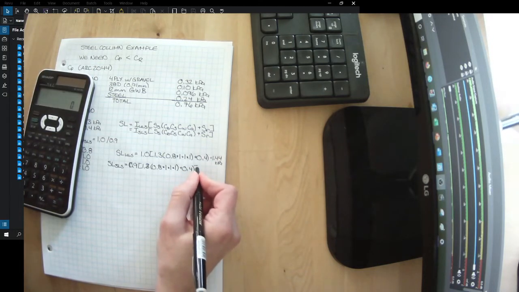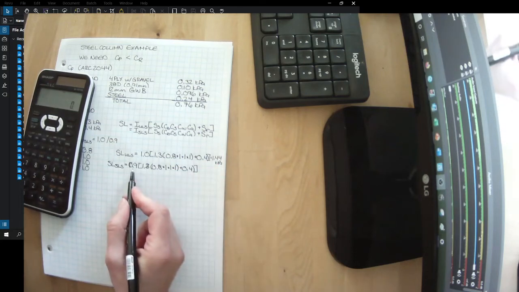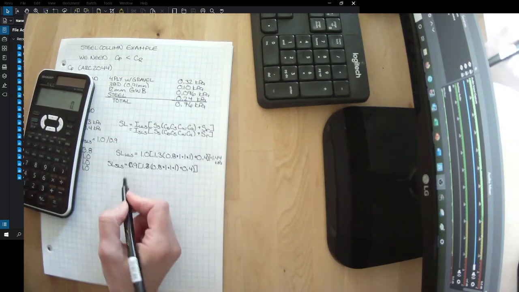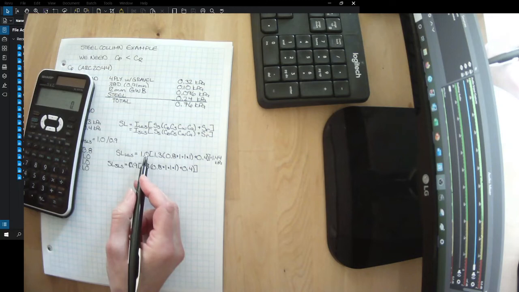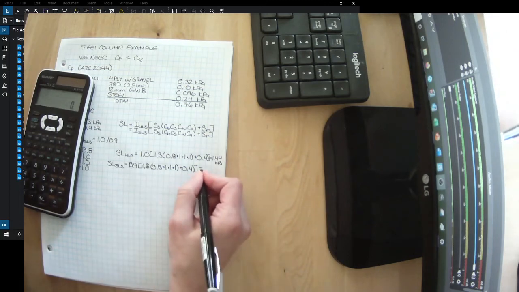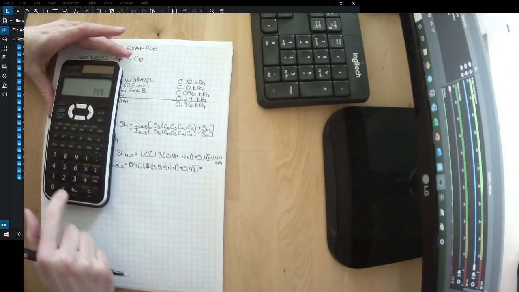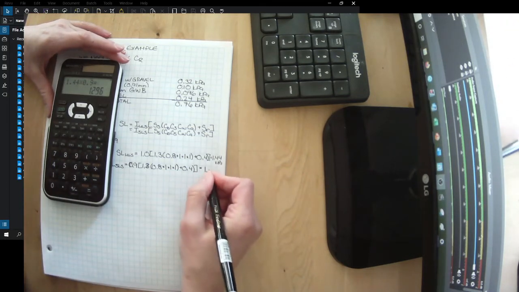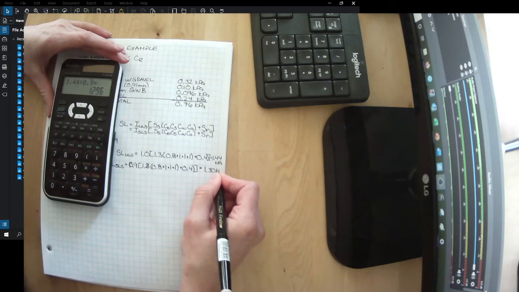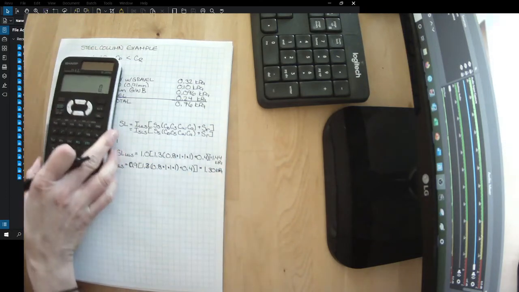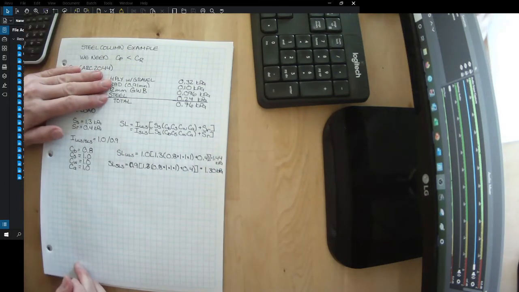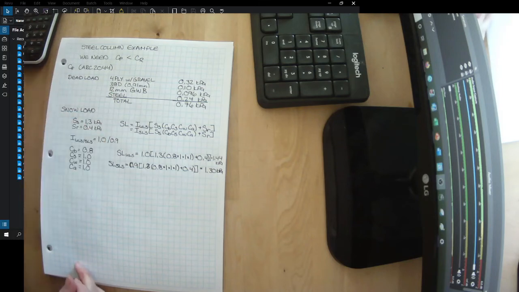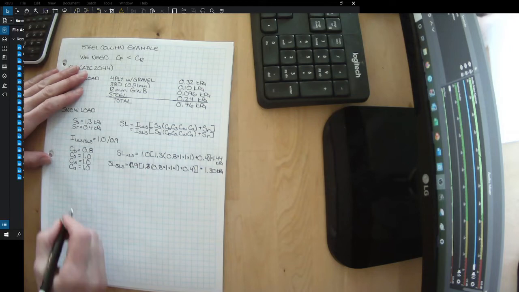Look, it's the exact same equation, except the only difference is instead of being multiplied by 1, it's multiplied by 0.9. 1.44 times 0.9 is 1.30 kPa. So we have our dead load and we have our snow load. Now we can think about factoring our load.